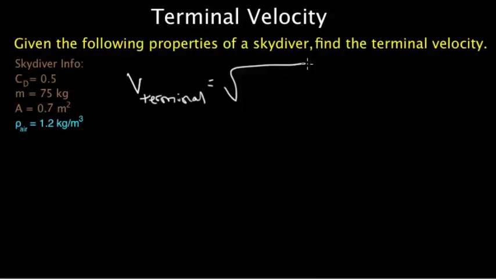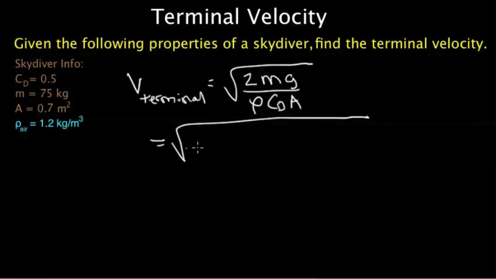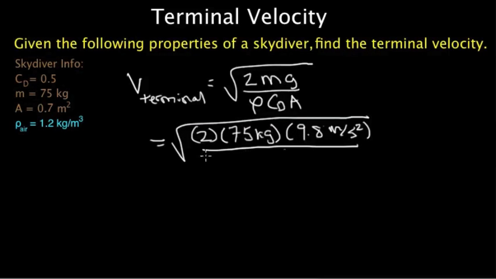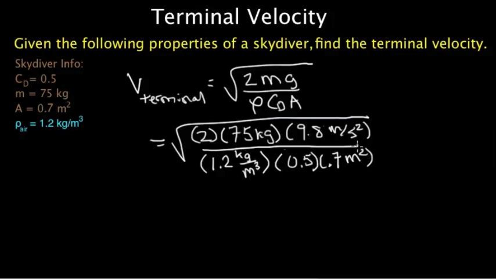So we can apply our equation, v terminal is equal to the square root of 2mg divided by rho cd A. This is just plugging in these numbers: the square root of 2 times the mass, which is 75 kilograms, times g, which is 9.8 meters per second squared, divided by rho, which is 1.2 kilograms per meter cubed, times 0.5, times 0.7 meters squared for the area.